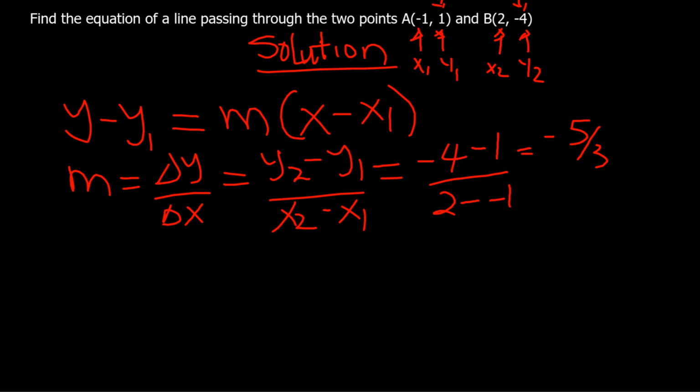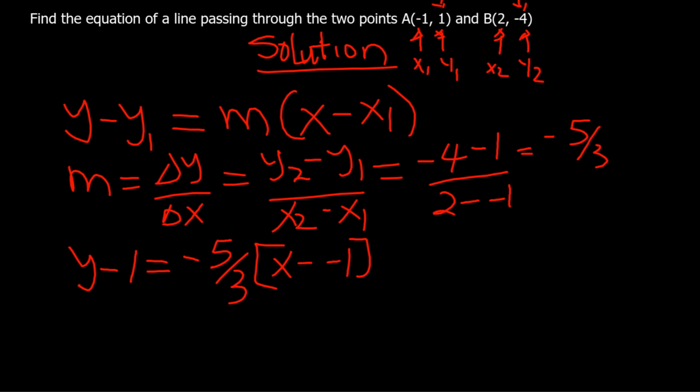So we can go ahead now and substitute the gradient m and x1, y1 into our formula to see the result. So if we do that, we will have y minus y1, which is 1, equal to m, which is -5 over 3, times x minus x1, which is -1, so we have x minus -1.